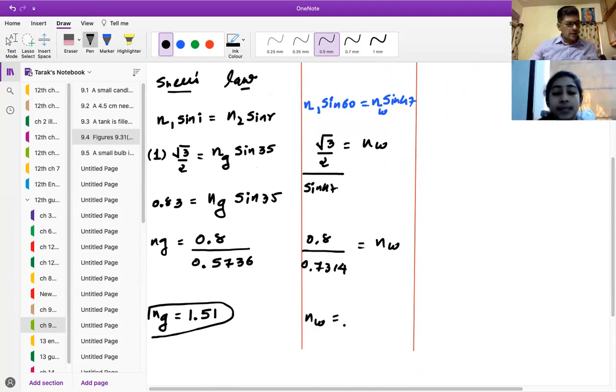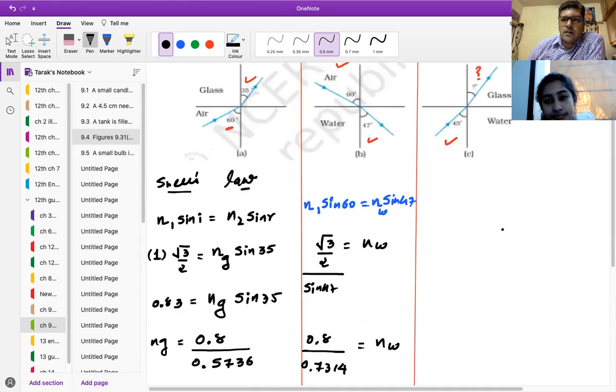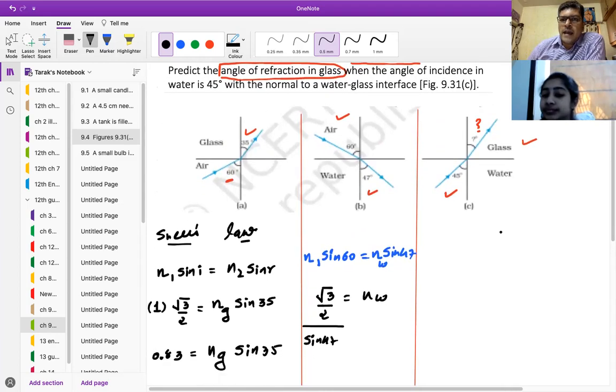So I'm just calculating 0.8 divided by 0.7314. It is 1.18. So I got the refractive index of glass and the refractive index of water. Now I have both values, n of g and n of w.